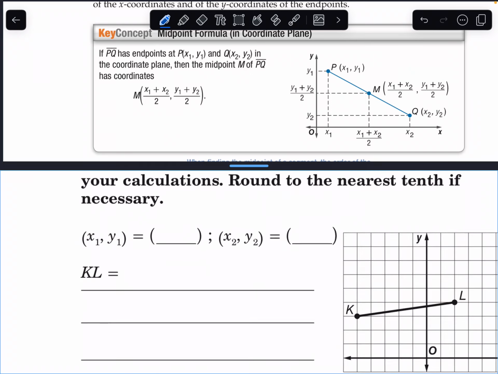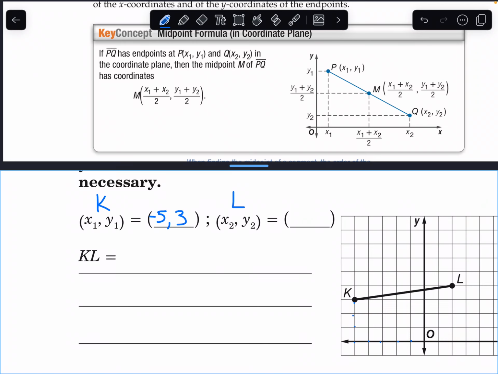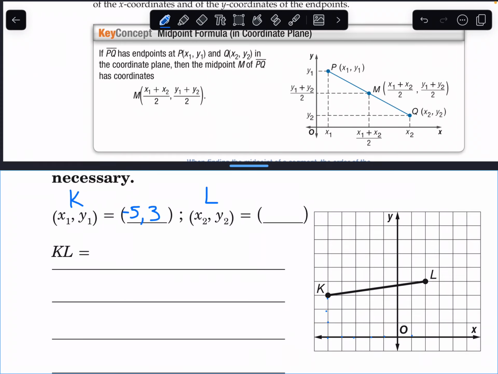So we'll label this as K over here, and we'll make this one L. K is at negative 5, comma 3. And L is at 2, comma 4.